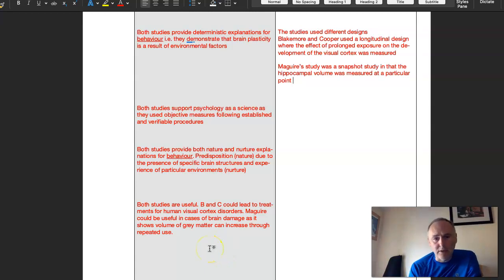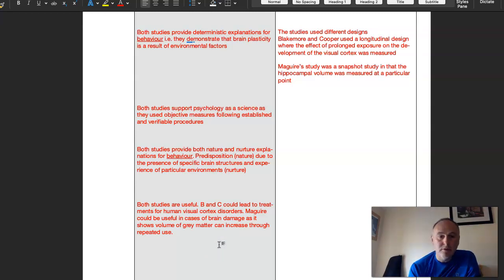So why are they useful? Well, Blakemore and Cooper could lead to treatments for human visual disorders. Now we know a little bit about early environments and how that might impact visual cortex development. We could perhaps use that information to fix issues with visual cortex disorders in humans, potentially.